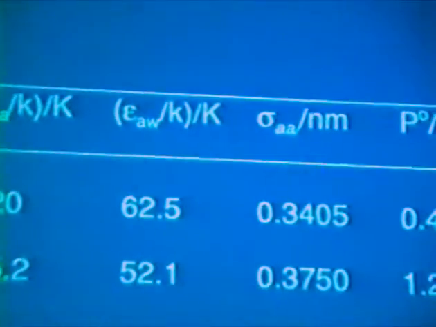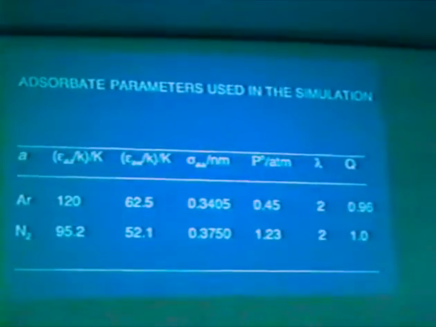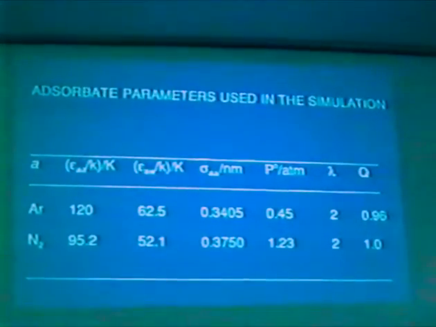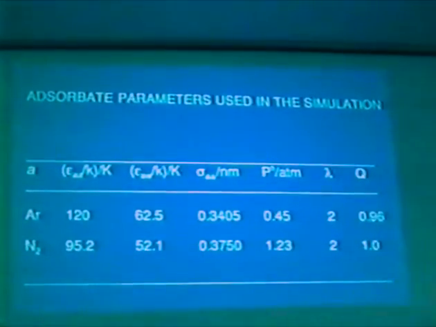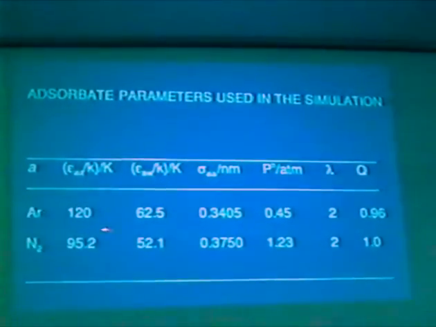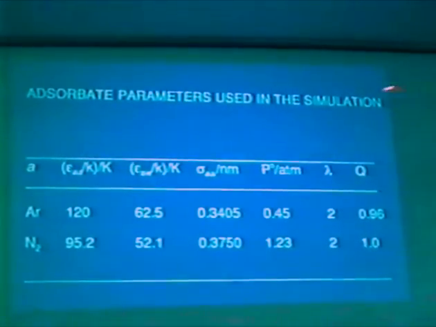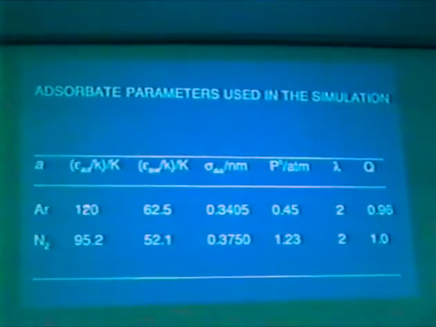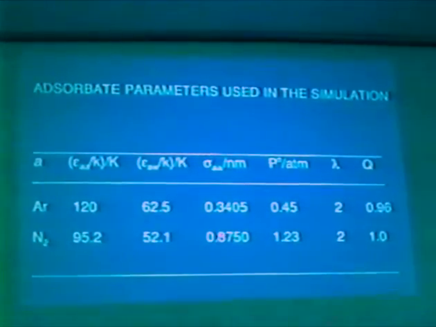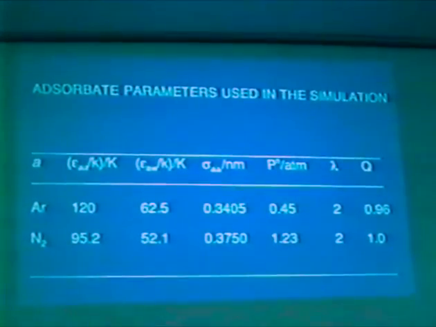Next slide. These are the systems, the adsorptives that I've been looking at, argon and nitrogen, and those are the main parameters. The things to notice here: the interaction is much stronger in argon than in nitrogen, but the nitrogen molecule is much bigger than the argon.